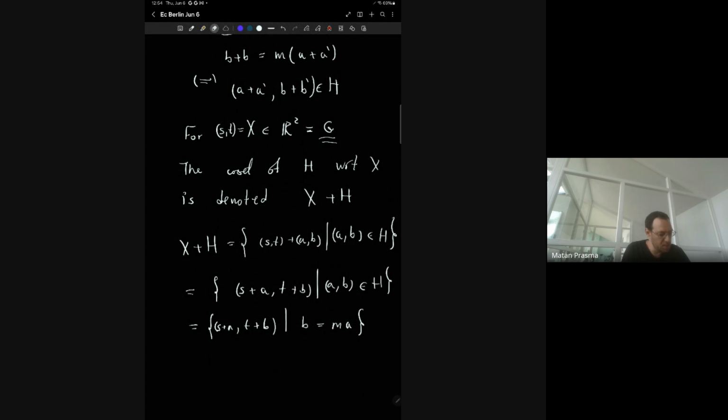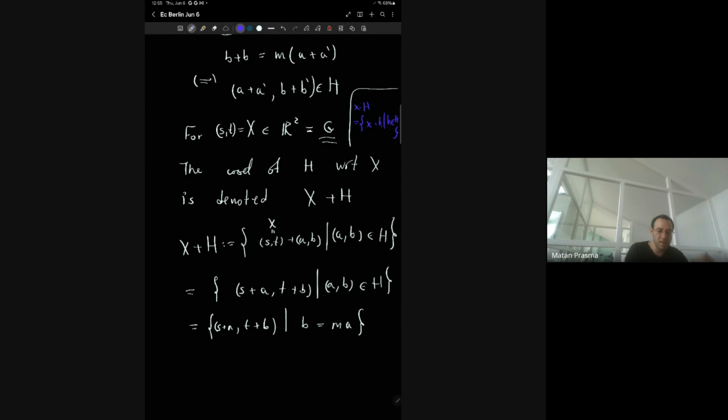And x plus h, by definition, is you take x and you take all the x operation with an element in h. This I write again here in purple: xh in the multiplicative notation, it was all the x operation h for h in h.